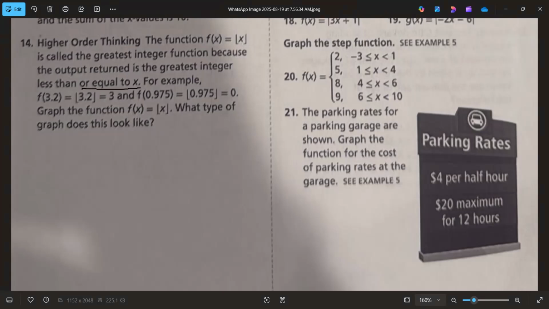What is the greatest integer? The greatest integer is denoted by this function. It means that when you put x is equal to 2.3, you will get what?